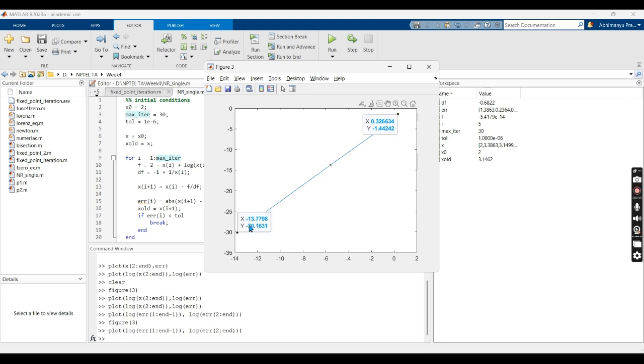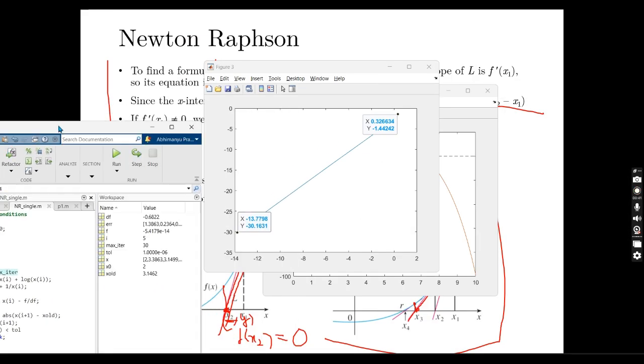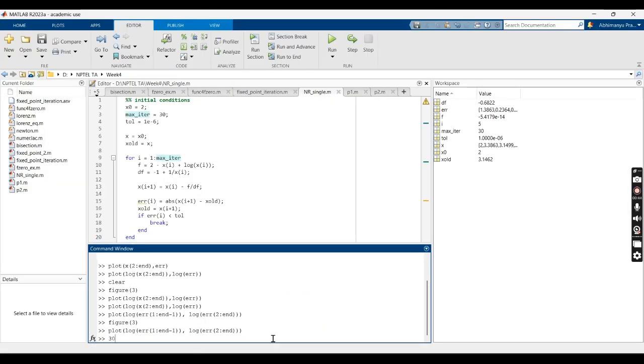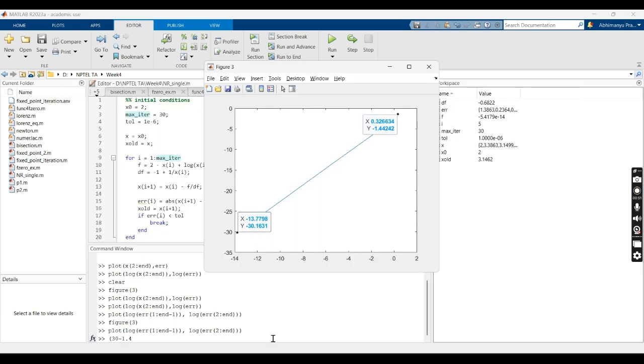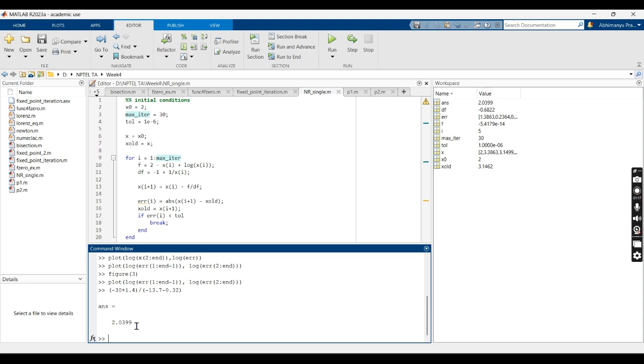So this is like 30 minus 1.5, 30 minus 1.4 divided by 13 minus 3.2 minus 13.7 minus 0.32. So we get a value that is close to 2. Okay.